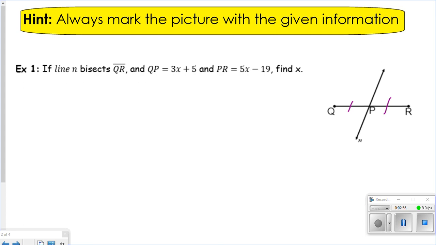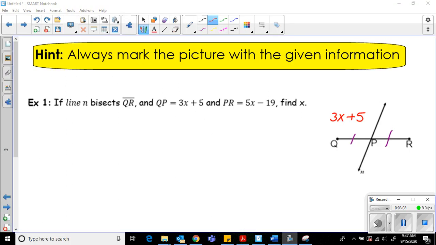Now we also know that QP is equal to 3x plus 5. So we're going to go ahead and mark that in the picture as well. And then we know that PR is 5x minus 19, so we're going to go ahead and put that in the picture as well.